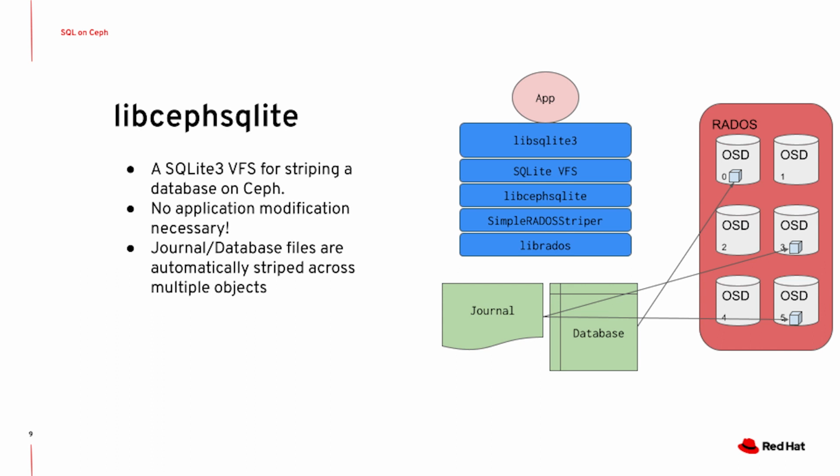You just have to load the SQLite dynamic library and specify an alternate URI for your database. So again, the journal and the database are automatically striped over the OSDs. You don't have to think about it at all. You just use your SQLite database like normal.